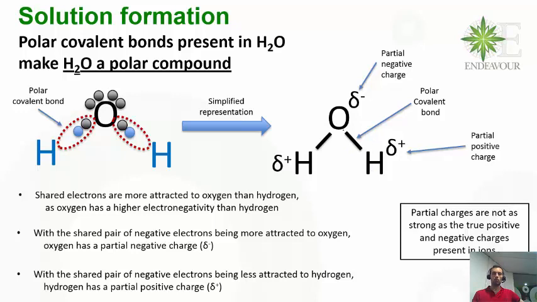This means we've got this distribution of charge where the electrons are more attracted to the oxygen, which we show as being partially negative, and the hydrogen has less association with those shared electrons, therefore it's partially positive.